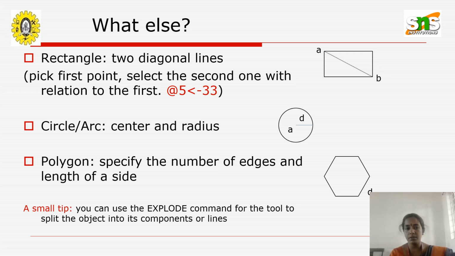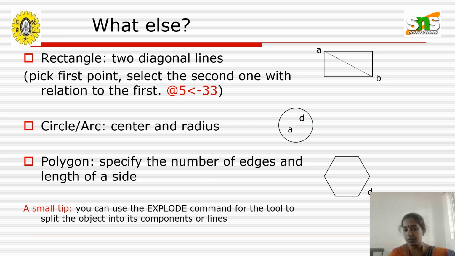The next method is drawing a circle. A circle can be drawn with the help of a center point and the data of a radius as well as diameter. Two options you can use. The next one is polygon. With this polygon, you have to give the number 5 for the number of edges, which is nothing but a pentagon.